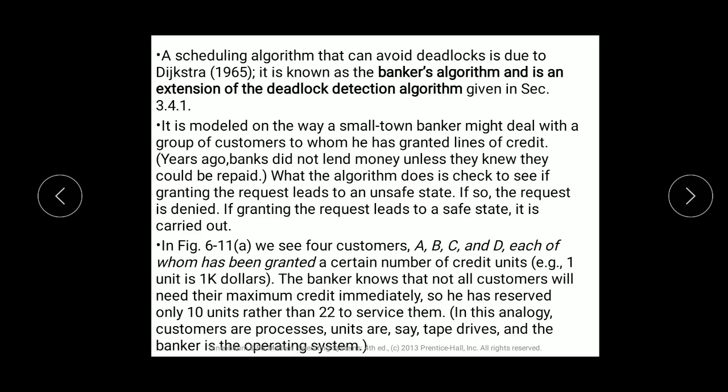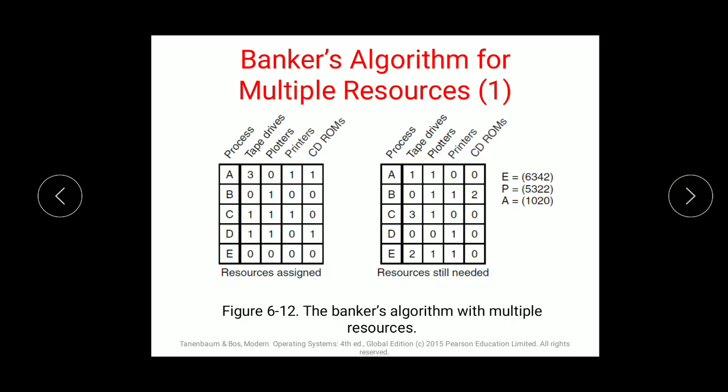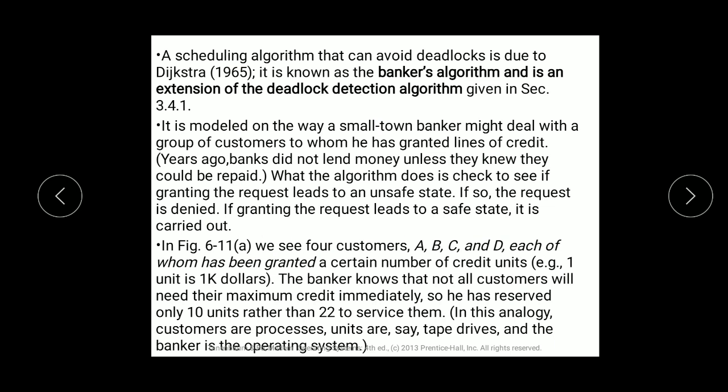So we see 4 customers A, B, C, D, each of whom have been granted a certain number of credit units. We'll see that here and then compare it with the diagram. The banker knows that all customers will need their maximum credit immediately, so he has reserved only 10 units rather than 22 to service them.